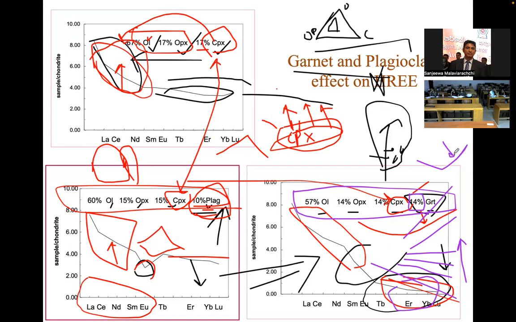But in nature, this does not happen frequently. Rarely it happens, but not frequently, because to include a lot of garnet into the melt is very difficult, because garnet is an aluminous phase. To melt it and incorporate it into the melt component, it needs a lot of heat, right?